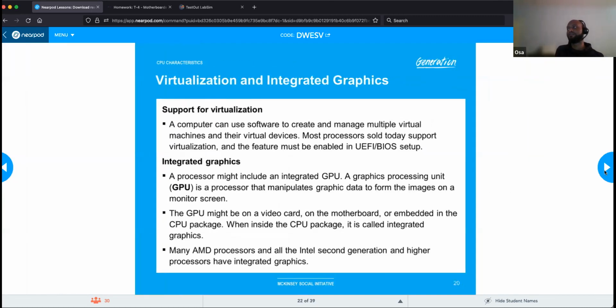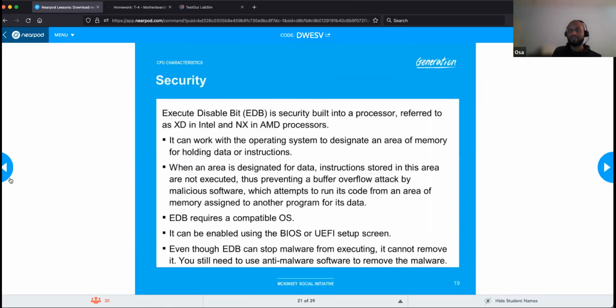Ms. Keller, will EDB, the executable disabled bits, be an example of an IoT device? Something like that? An Internet of Things? No, that'd be something very different. Internet of Things would be like a doorbell with a camera on it, a fire extinguisher connected to the internet, a toaster, your refrigerator.